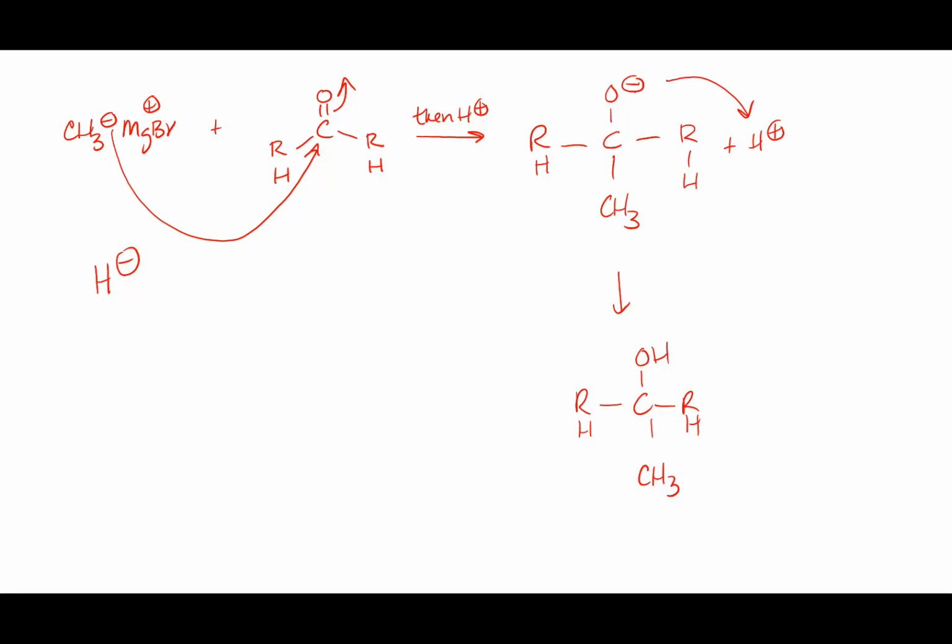And then what happened? I reduced my aldehyde or my ketone. So if I wanted to write the mechanism for this reaction with an H minus, where did H minus come from? Lithium aluminum hydride or sodium borohydride. I'll give you a specific example here. We'll just make this an aldehyde.